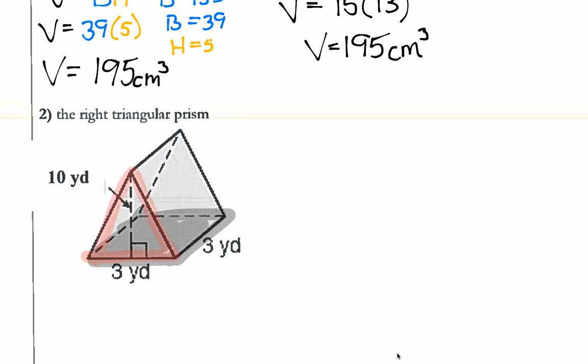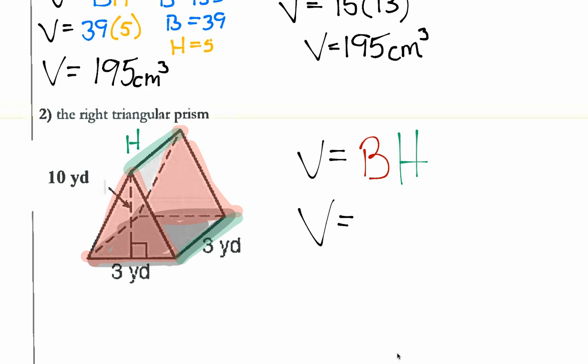It's a triangle and a triangle back here. The height is the distance between. So volume equals base times height.